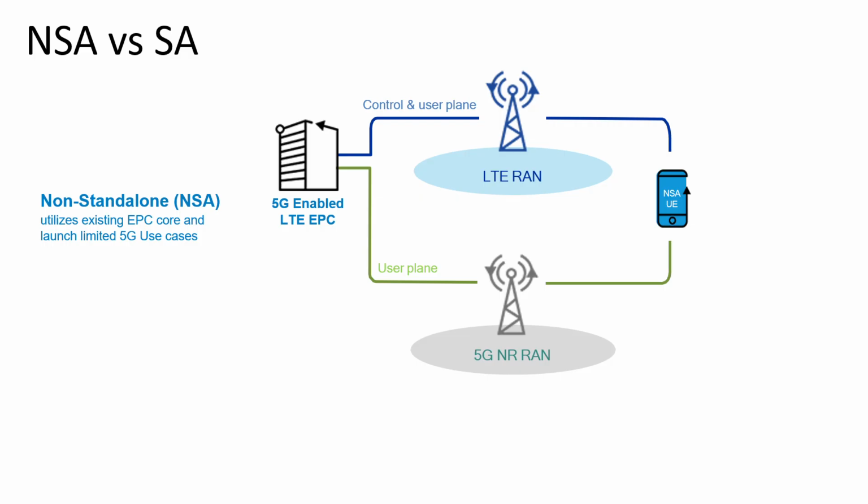So the 5G user is connected to the new radio. The new radio forwards the signaling packets to the underlying LTE radio, which is the 4G radio, and the 4G radio forwards the complete signaling packets to the MME using the existing interface.